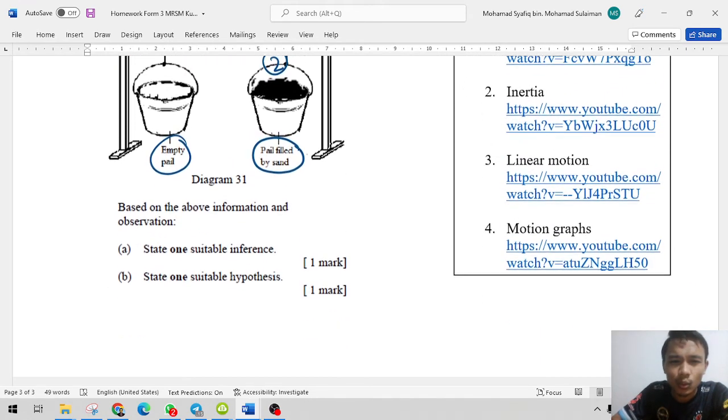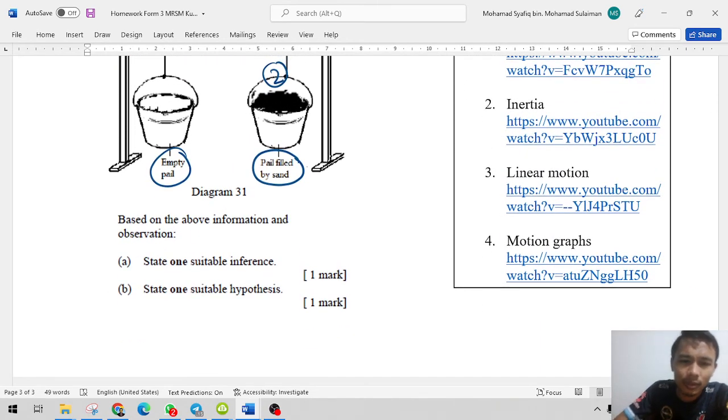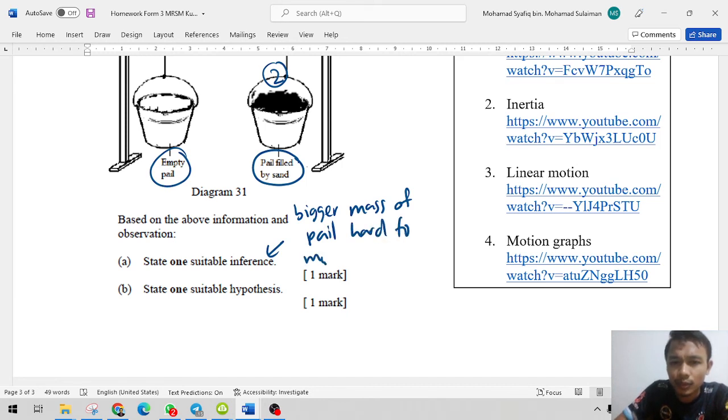So one suitable inference about that is because of the bigger mass of the pail, it is hard to move, because, okay, inference must have because, it has bigger inertia. Okay, so that will be the inference.